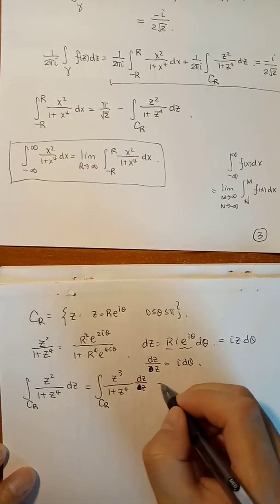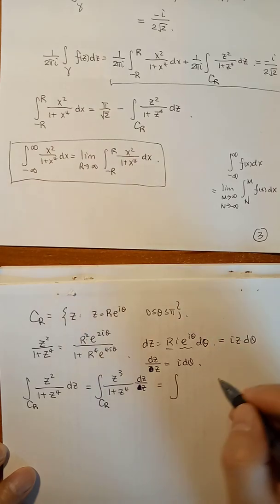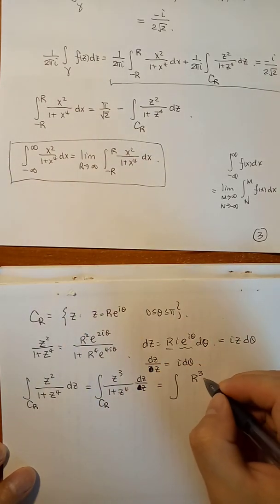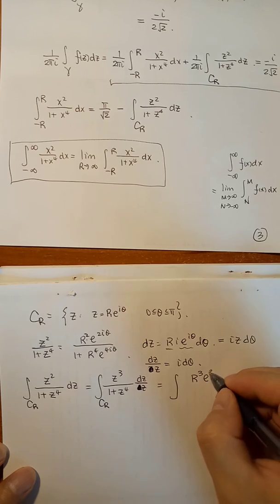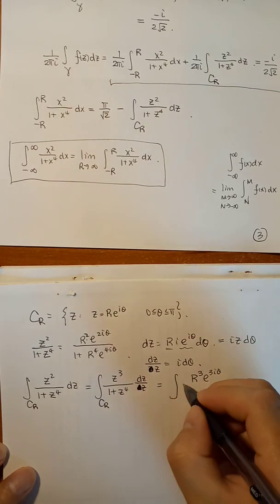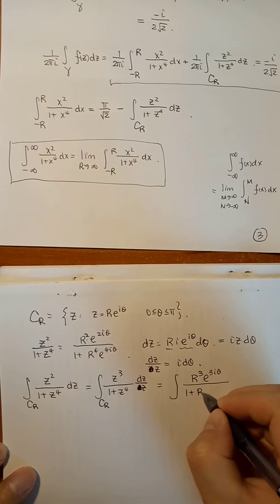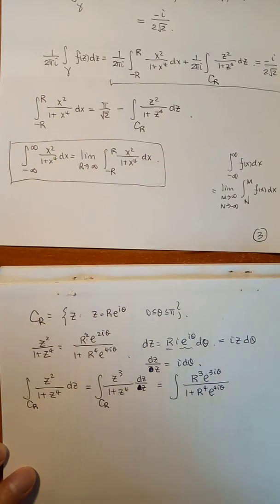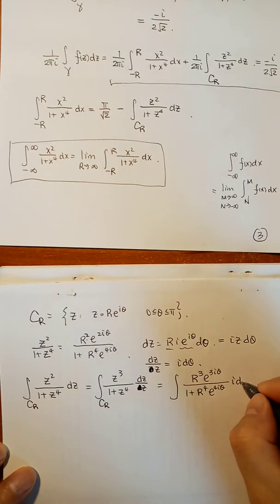I need a copy of z, so this becomes R cubed e^{3i theta} over 1 plus R to the 4 e^{4i theta}, and i d theta.